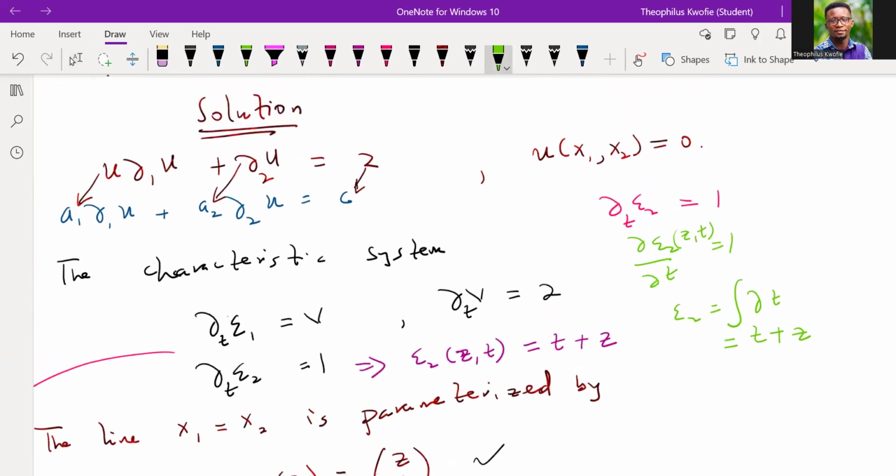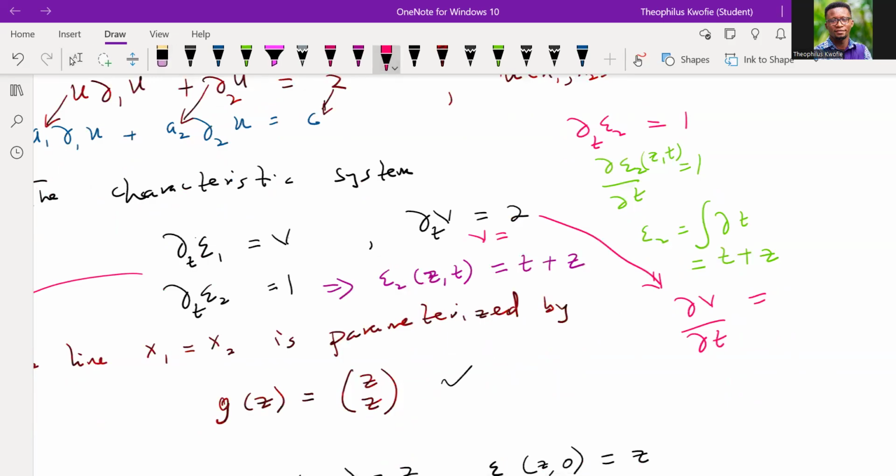Okay, good. And what about this? So what becomes our v? What is the solution for v over here? We know that the partial of v with respect to t is just 2. But what is the solution to that? The same thing. We can also write this as the partial of v with respect to t equal to 2.